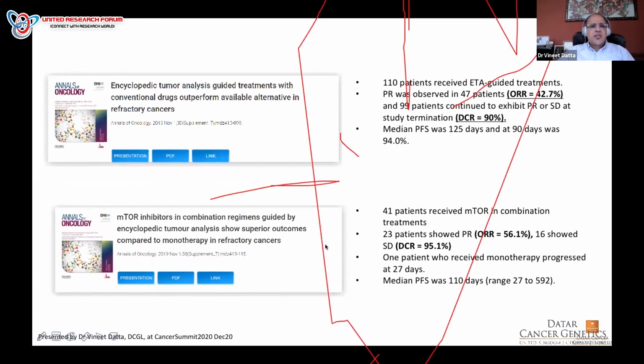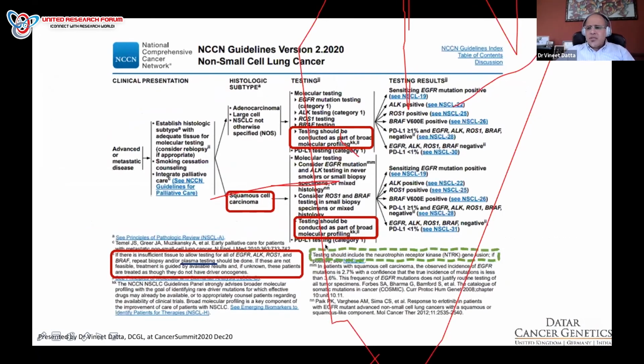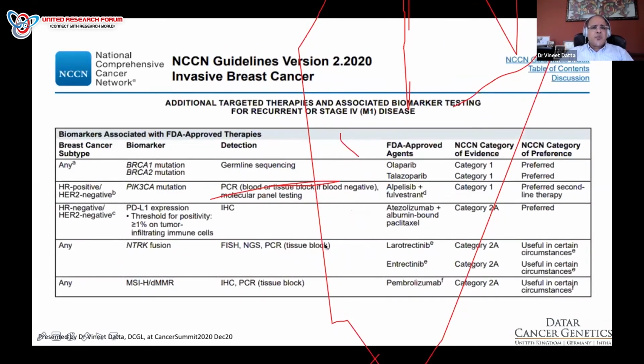And again, to come back to how things have evolved, there's increasing acceptance across various subsets now to look at broad molecular profiling across various organ systems, whether it's non-small cell lung cancer or sequencing for breast cancer.